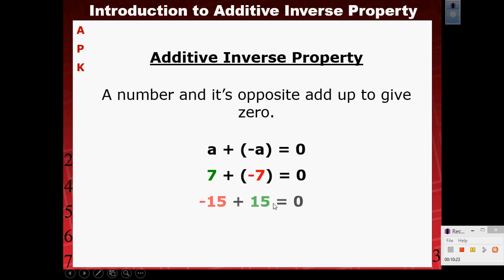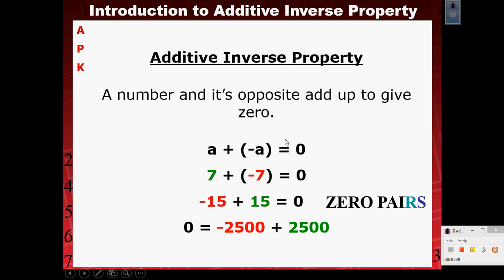With other numbers, negative 15 plus 15 equals 0, or 0 equals negative 2500 plus 2500. Right? And what did I say? Instead of calling them additive inverse property, what did I call these? Everyone. 0 pairs. So, remember when I talk about 0 pairs, what property is it? Additive inverse property. Does that make sense?